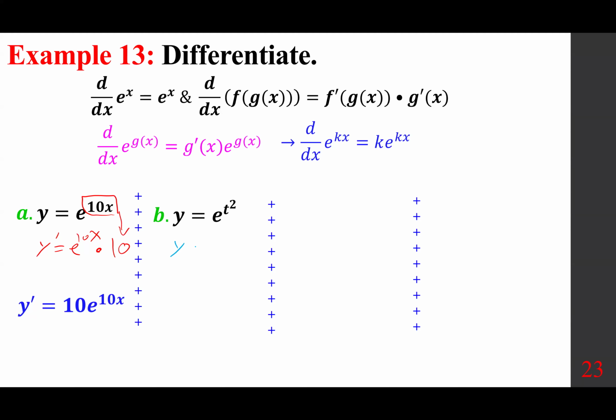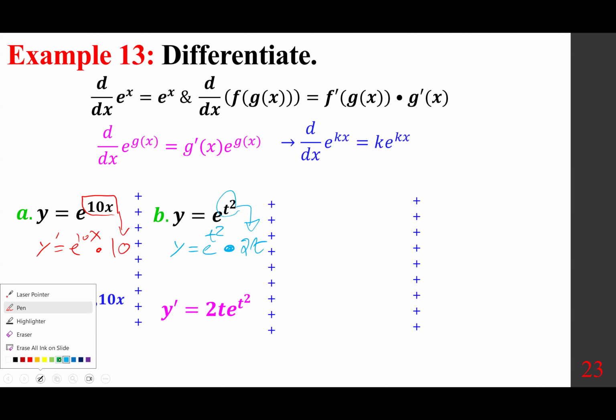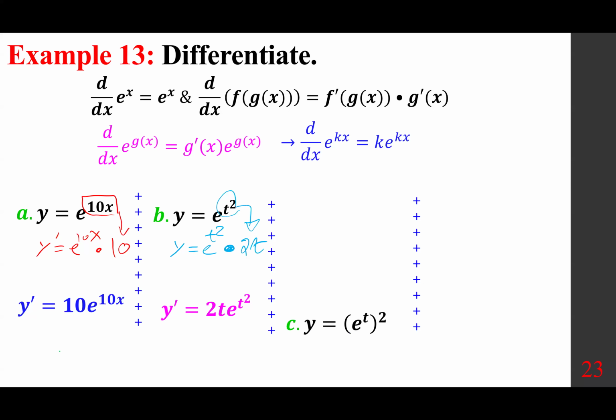This one, I'm going to do the same thing. I'm going to say the answer is itself. So just write the same function. I look at the exponent, t squared. Its derivative is 2t, and I put that in front. Next, e to the power of 2t.